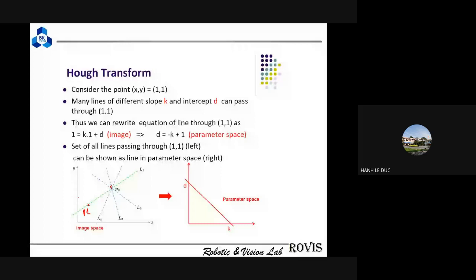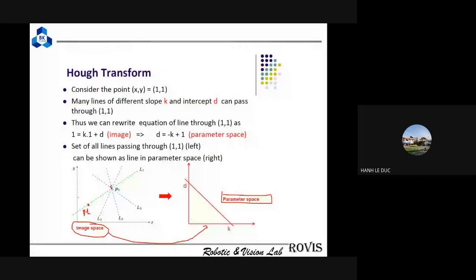From this space, this coordinate, to another coordinate, we call this the parameter space. So how can we change it? Let's see. For example, we have P0 here. If we replace Y1 here and X1 here, we will have this equation.